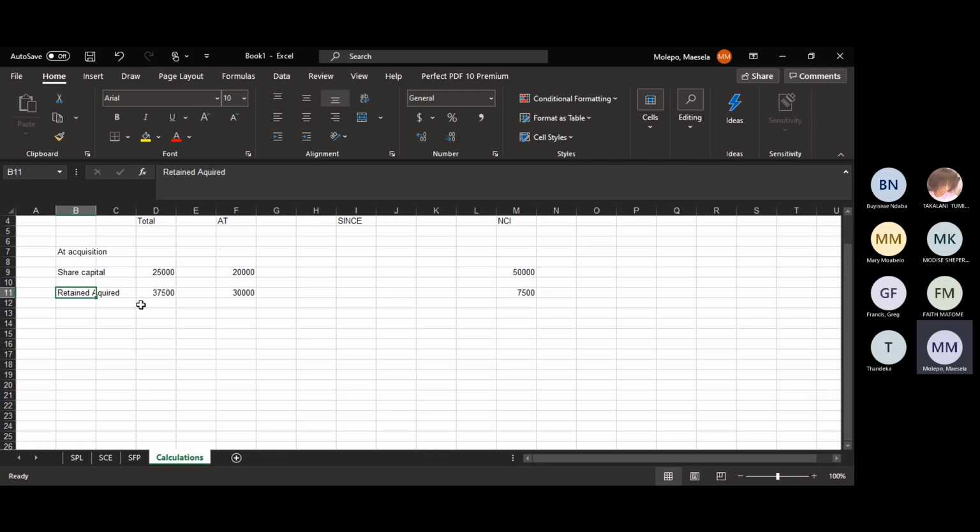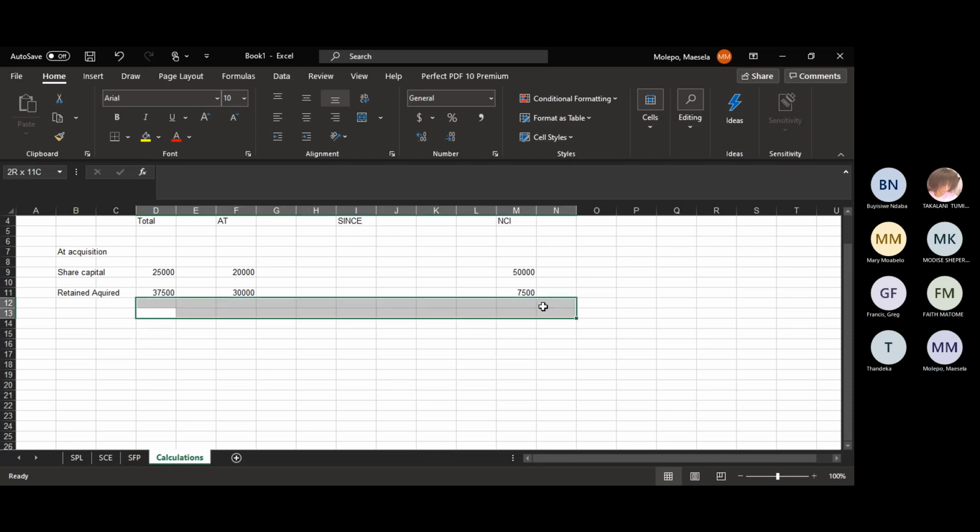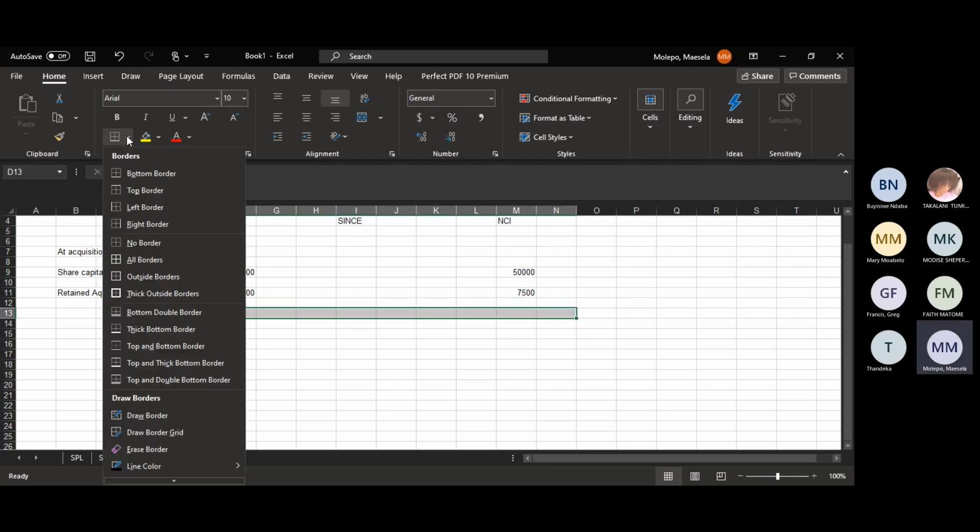And since we are doing the books for the year ending 31 March 2016, by right there was supposed to be a revaluation, but here we are only focused on the acquisition. So that revaluation might happen since acquisition to the beginning of the current year. So we can close this part.